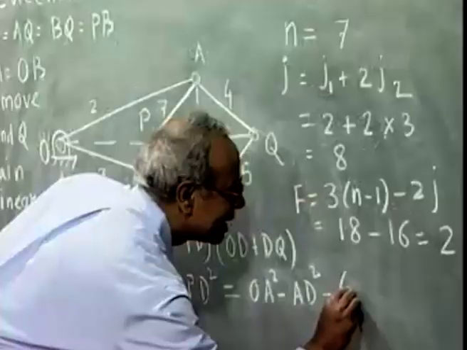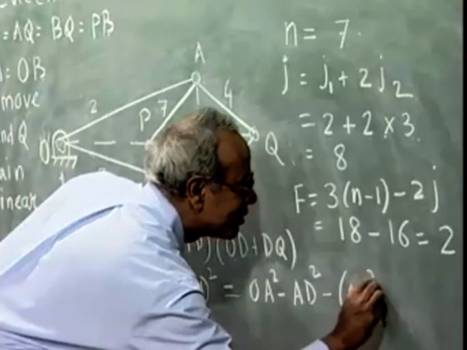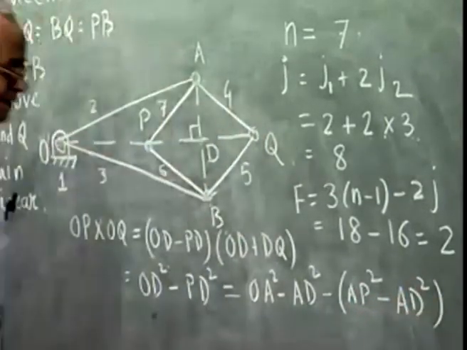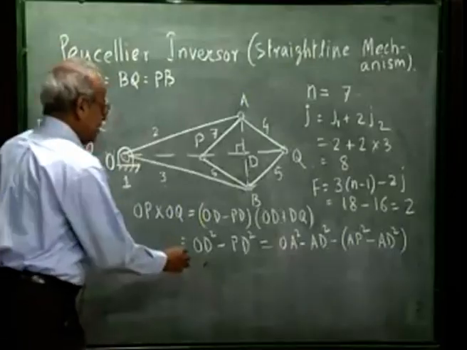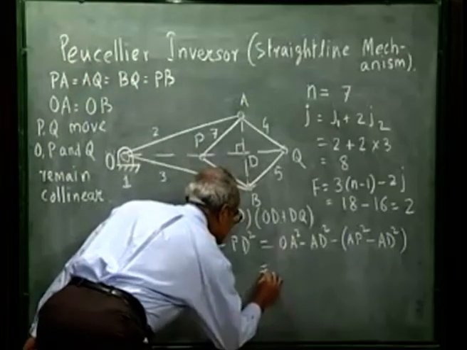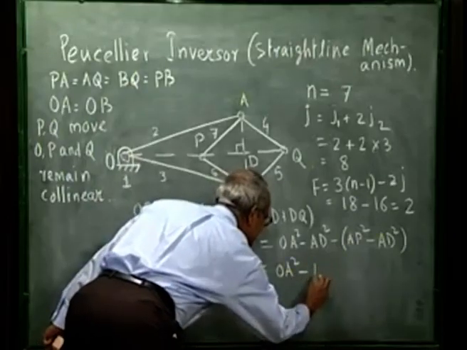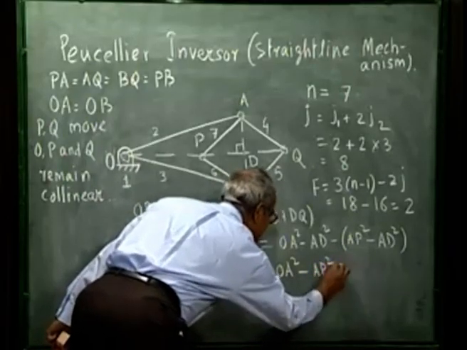So this minus AP squared minus AD squared. AD squared cancels, so this gives me OA squared minus AP squared.